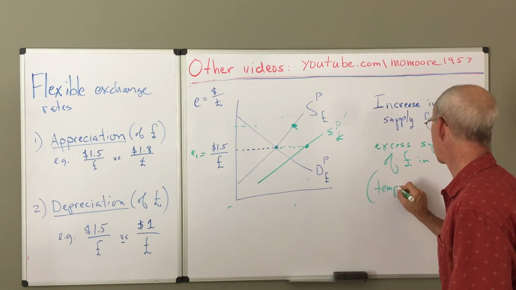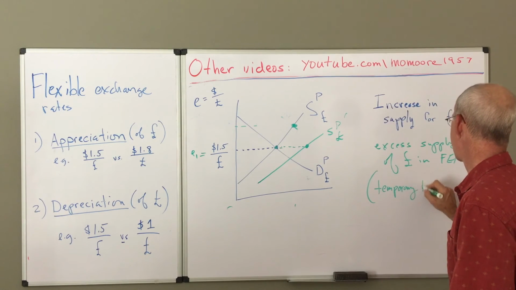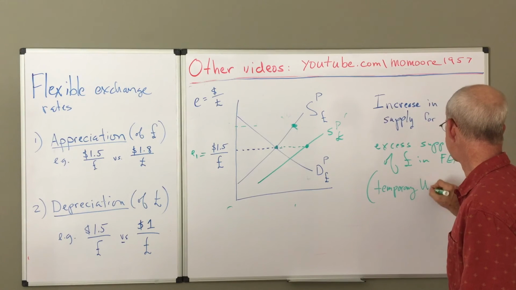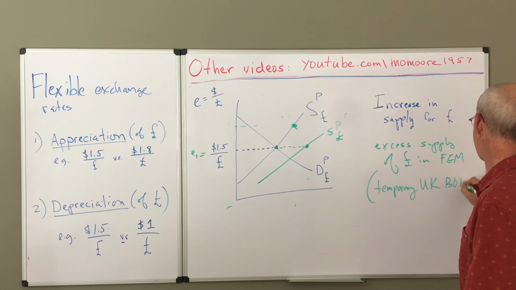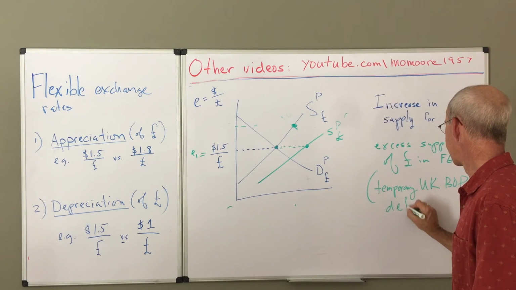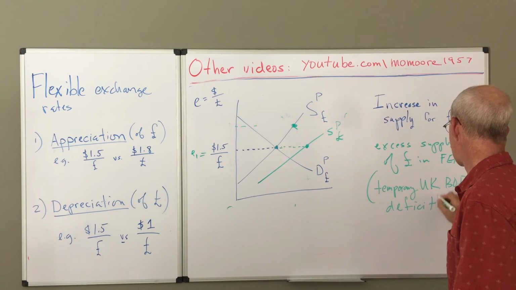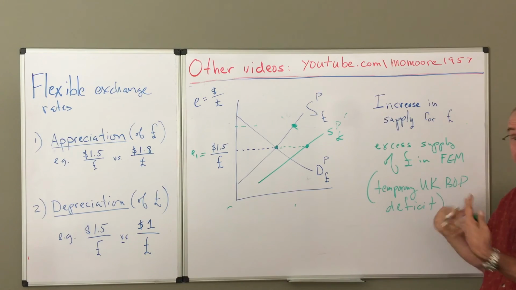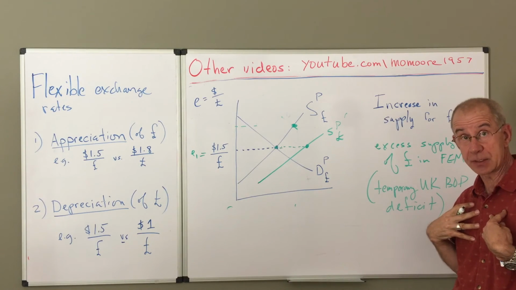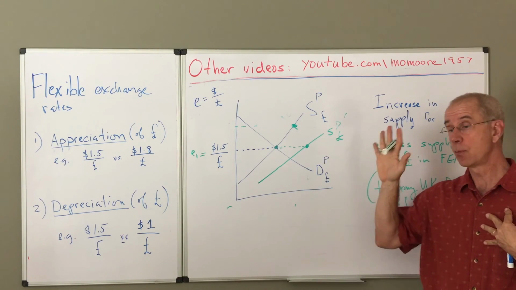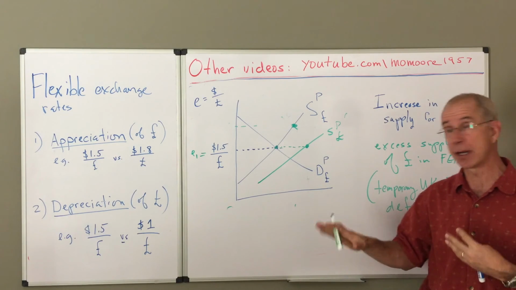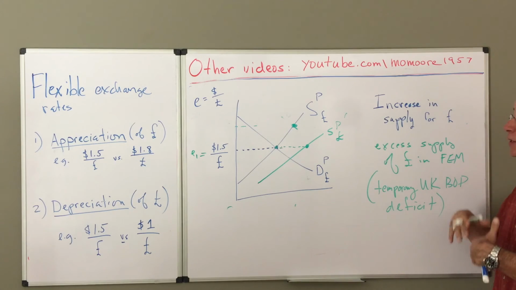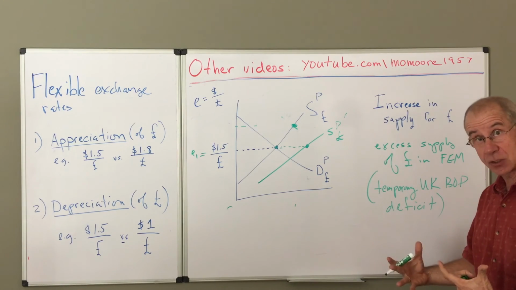which is a temporary UK balance of payments deficit. So you'll often have situations with flexible exchange rates where there's an increase, say, in supply of the domestic currency in the foreign exchange market, putting downward pressure on the exchange rate, a temporary balance of payments deficit, which is rectified by a change in the exchange rate.